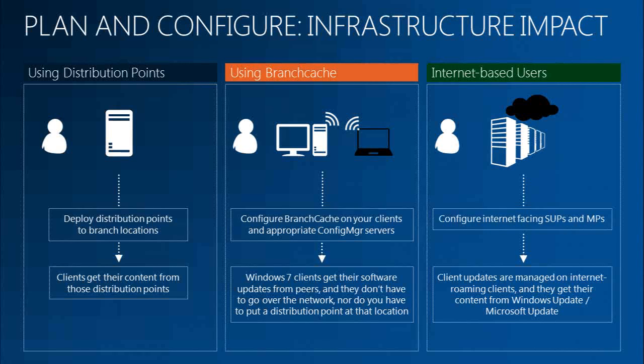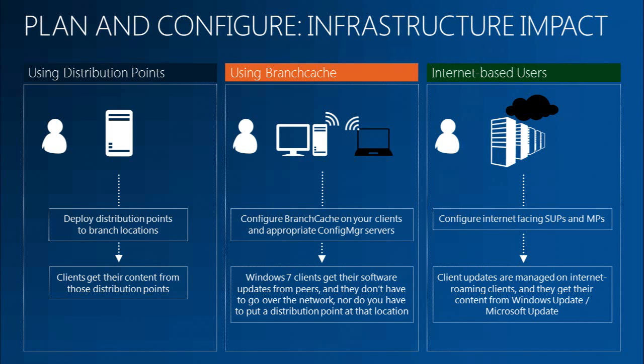The main change here, which we've gotten some really good feedback on, so I don't want to forget to mention it, is that your roaming clients will check Windows Update for content first. So you don't have to stage. If all you do is manage software updates for your internet roaming clients, that's all you care about, then you technically wouldn't even need a distribution point in your perimeter, because the client will get the policy from the internet-facing management point to say updates A, B, and C are required.